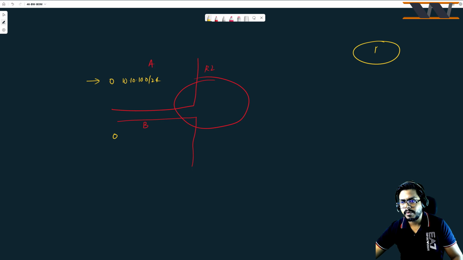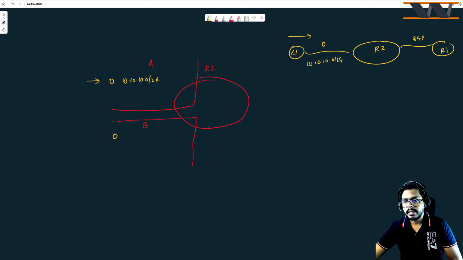Suppose we have a normal router, and on it I am receiving one route, the OSPF learned route, say 10.10.10.0/24. On the other side of this router, I am running the BGP protocol. This is my R2, this is my R1 from where I'm getting the OSPF route, and here is my R3, right?